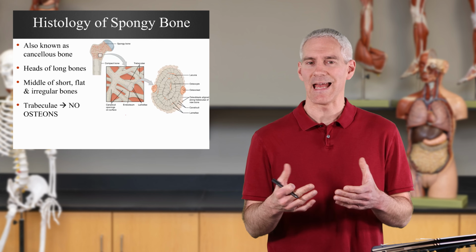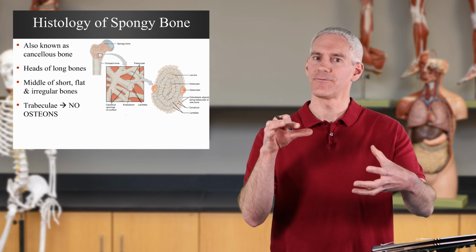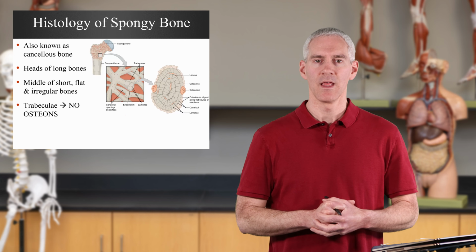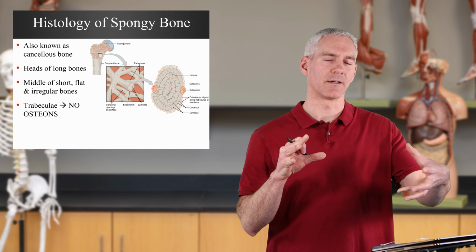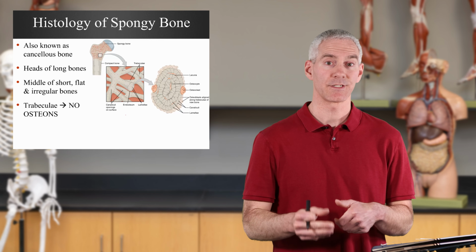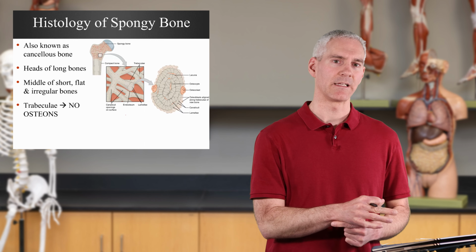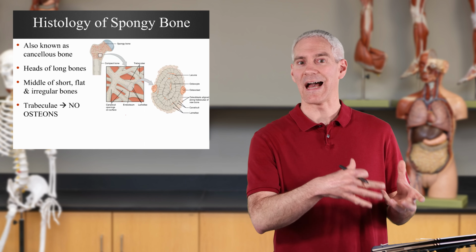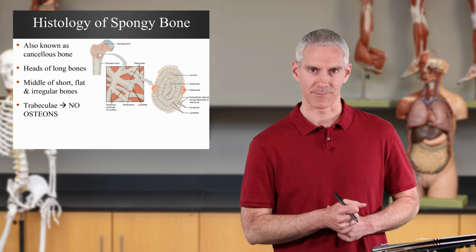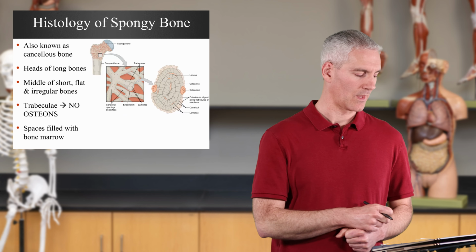And these trabeculae help to dissipate the forces applied to the bone. It dissipates it throughout the entire area to make sure not one single area has too much stress or too much strain on it. So the trabeculae are in spongy bone, while the osteon is in the compact bone.